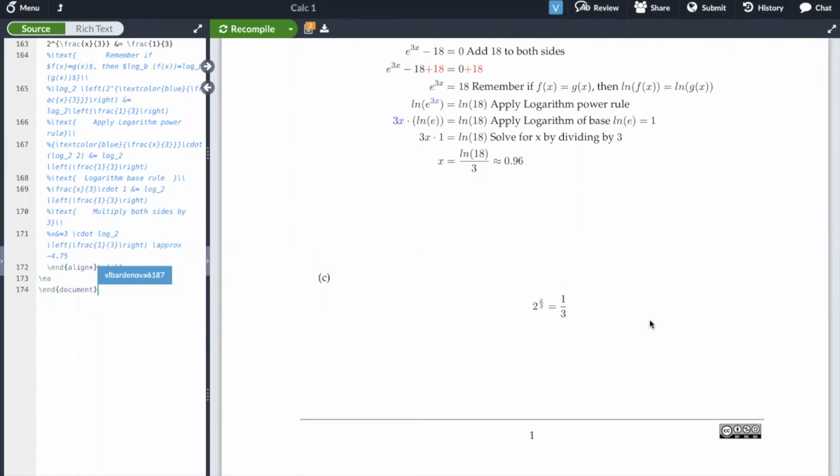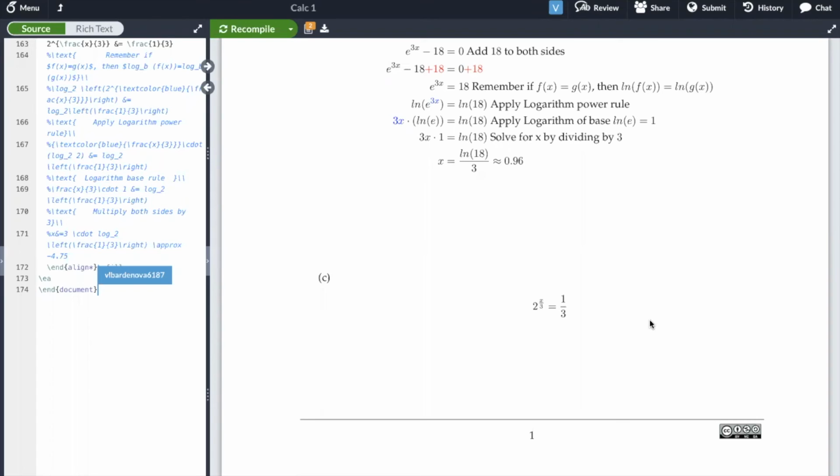In part C, we have 2 to the power x over 3 equals 1/3. And we already have the part that has x on one side and the other part that does not have x on the other side. So the next step will be to take logarithmic functions of both sides.